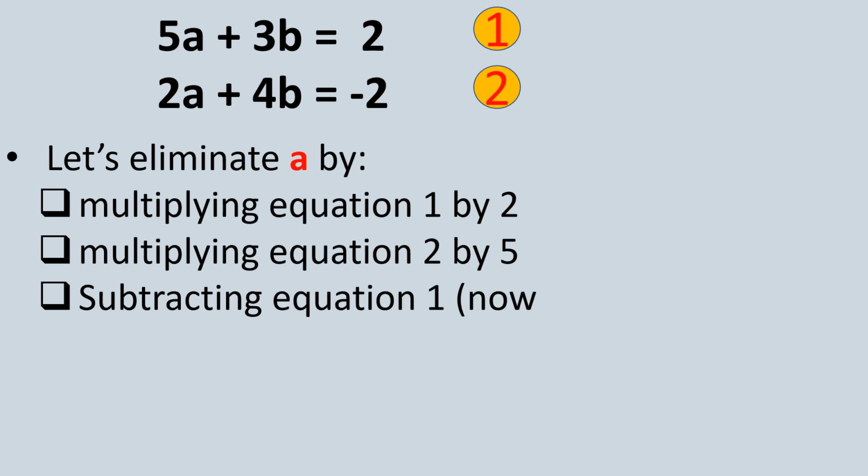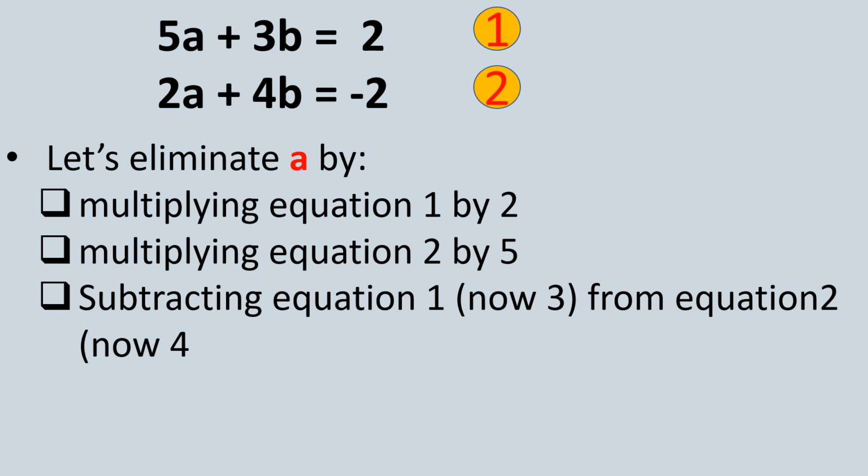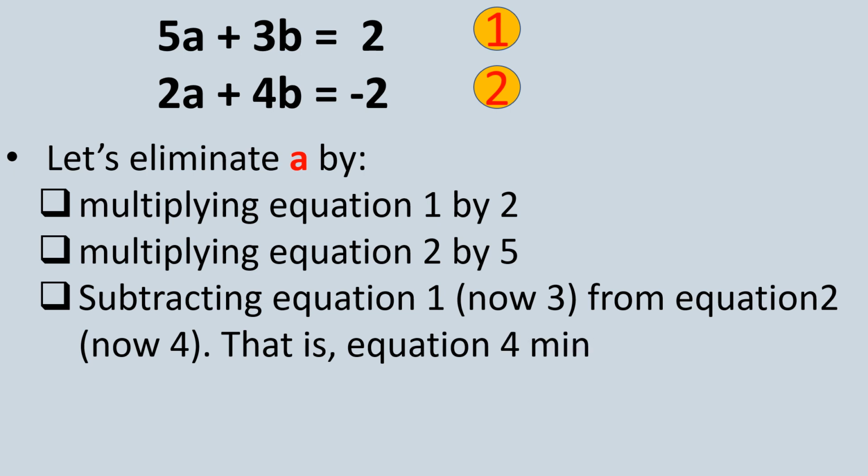Now remember, we are using the elimination method. Therefore, if we are eliminating one of the variables, in this particular case, we will start by eliminating a. It means we will be solving for b. Eliminating a implies getting rid of a. Now, how are we going to do that?